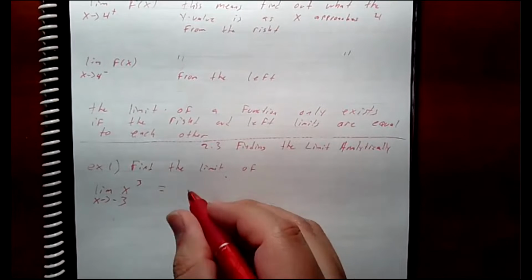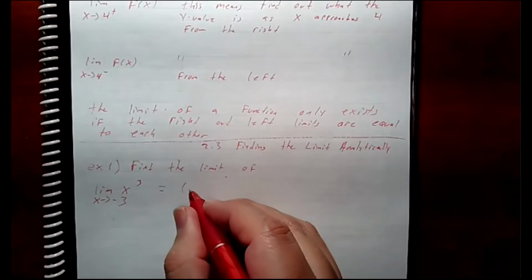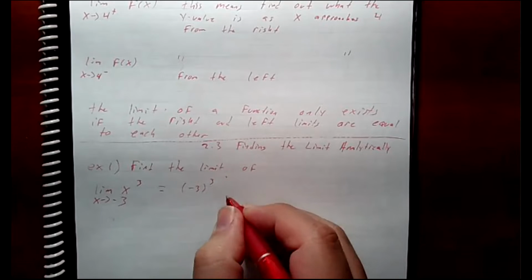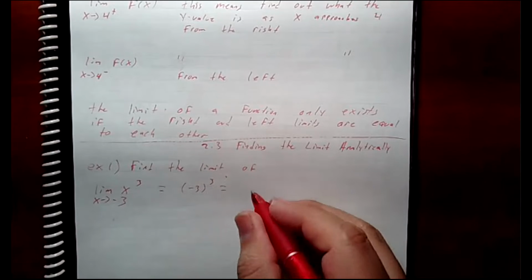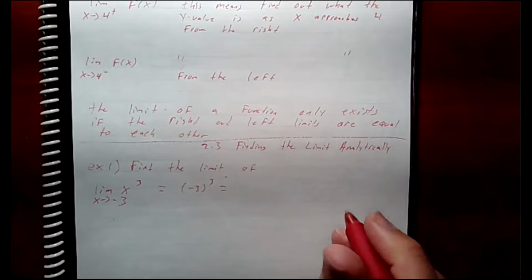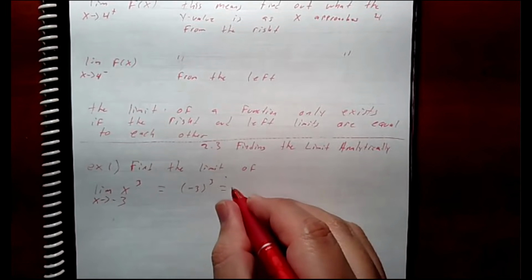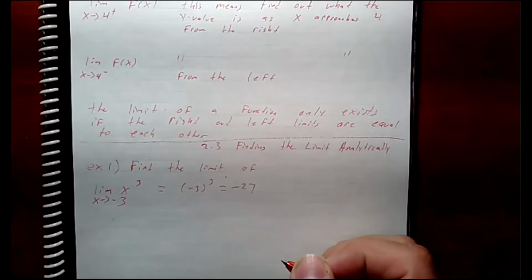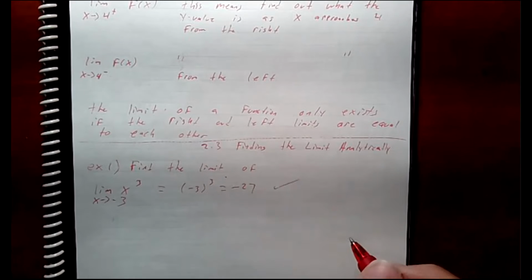You can straight up just take the limit, meaning plug in -3. -3 times -3 is 9, which is positive, times -3 would be -27. That's it. The fact that we're able to plug it in means we're done.